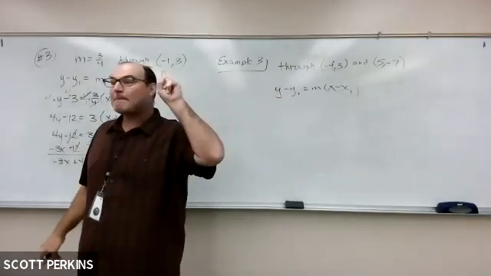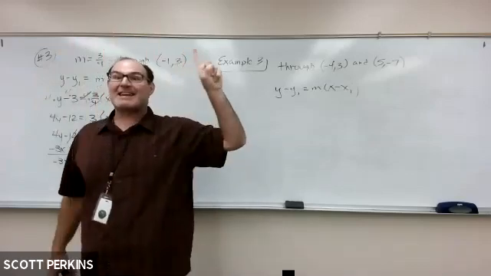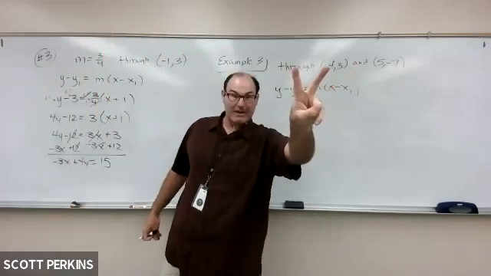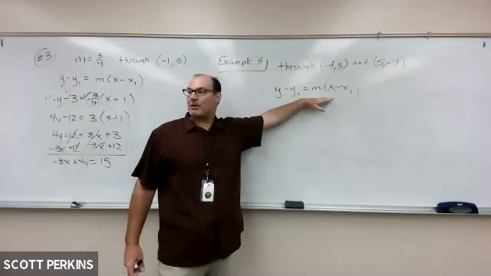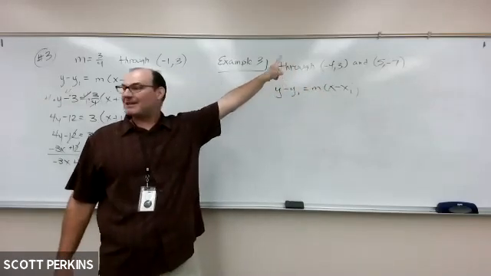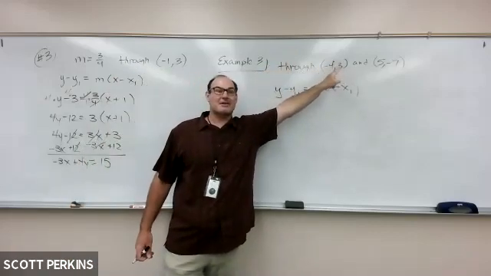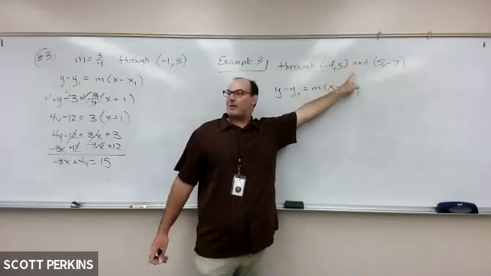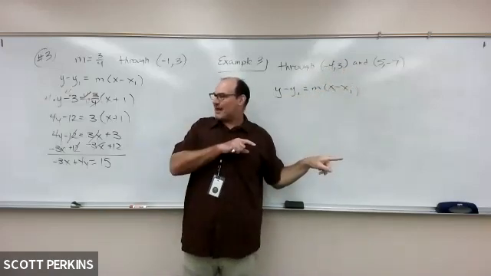I need a... what's that? Slope, and I need a point. Okay, that's why it's called the point slope form. I need a point and I need a slope. Am I given a point? I'm given 2. I've got a choice. Am I given the slope though? No. But think back to last time.